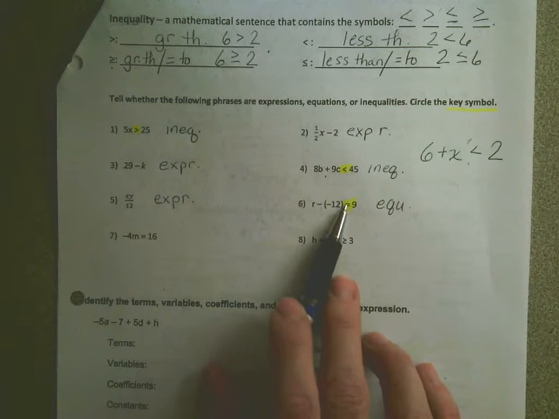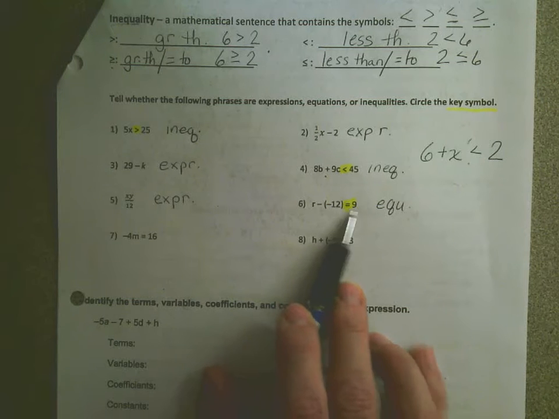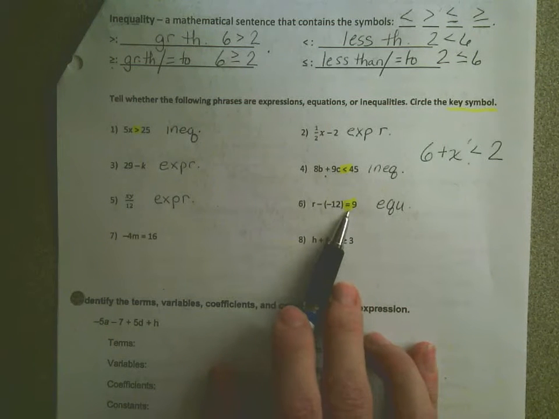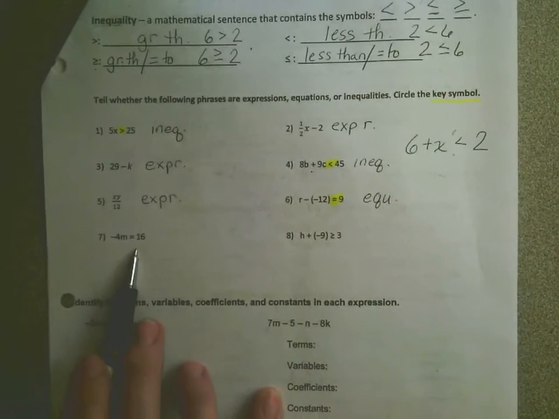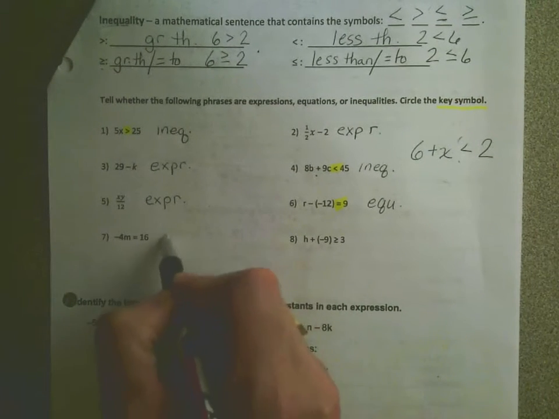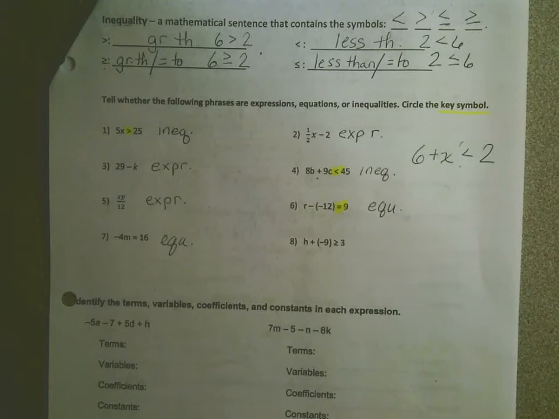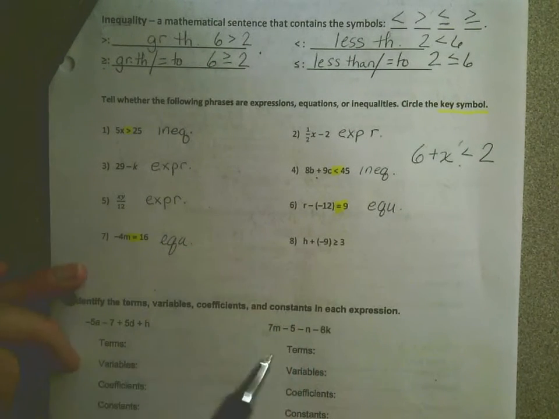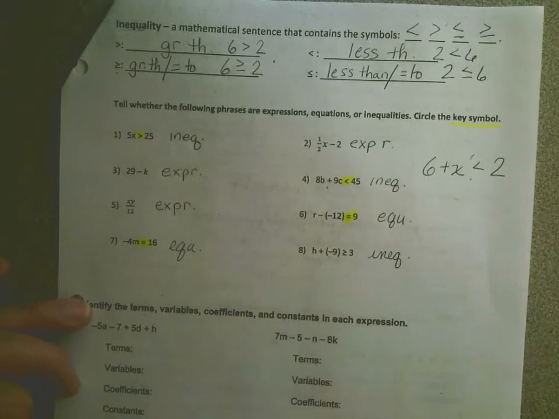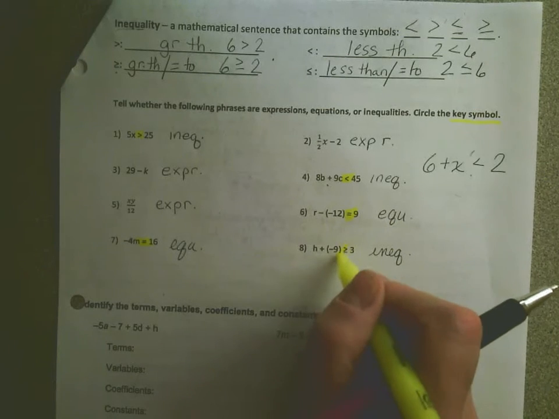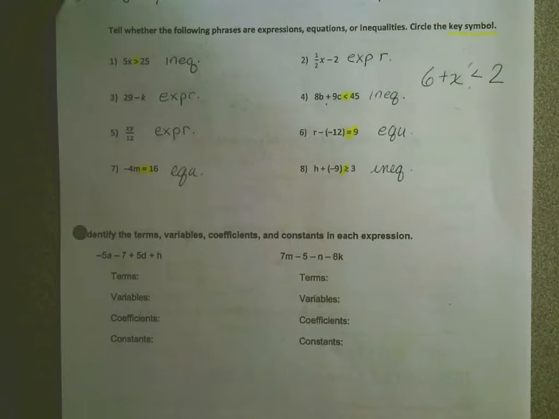What's this symbol right here, my dear? Right. Equal signs, whenever you see them, make it an equation. Every time there's an equal sign, it's an equation. So what is this? She's got it. Last one, Ryan. What is the last one? Inequality, because of the greater than or equal to symbol. Oh, look, more practice. Terms, variables, coefficients, constants.